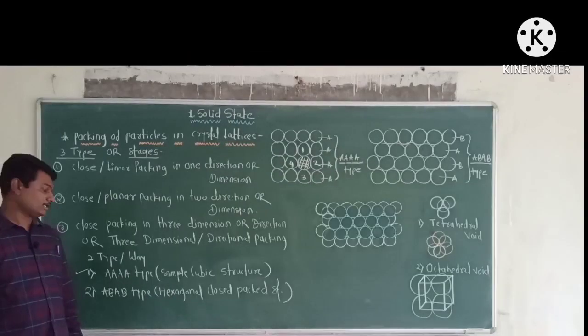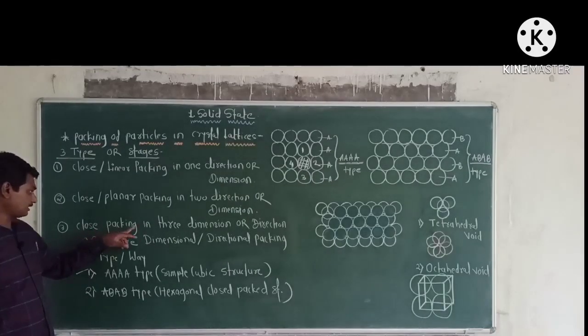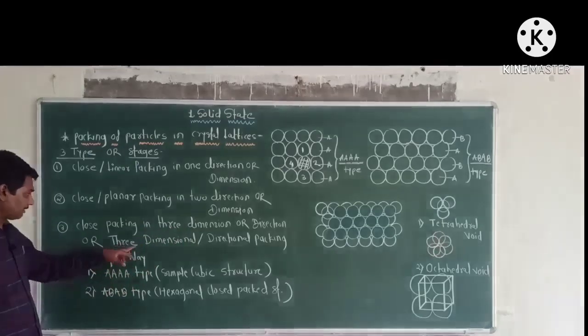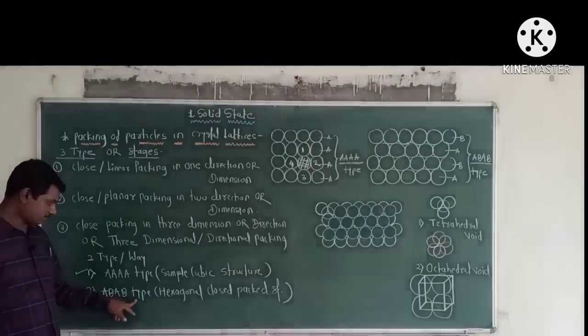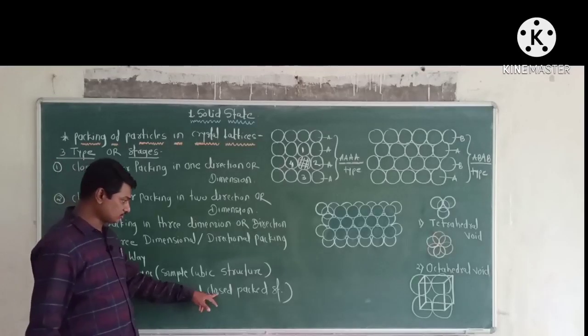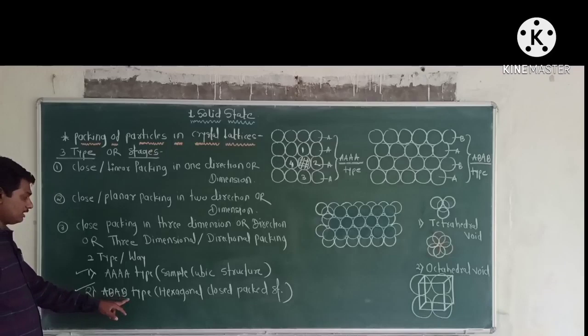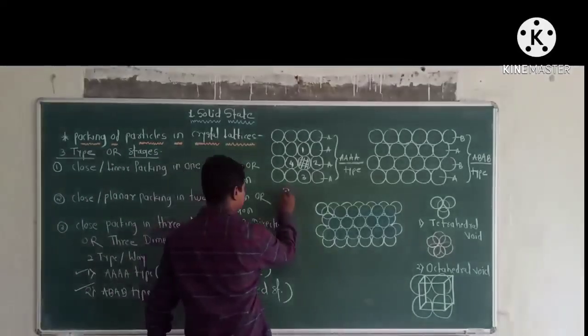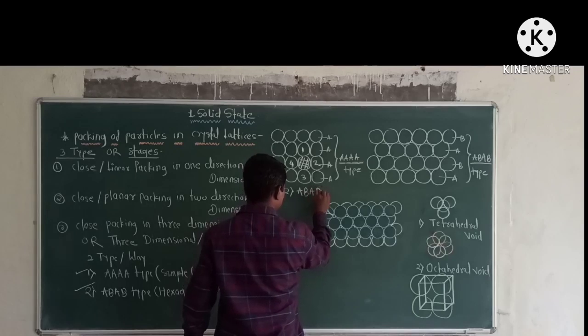Okay, the second type of close packing in three dimensions, or three dimensional or directional packing, is AB type, that is hexagonal close packed structure. Second type, AB type.